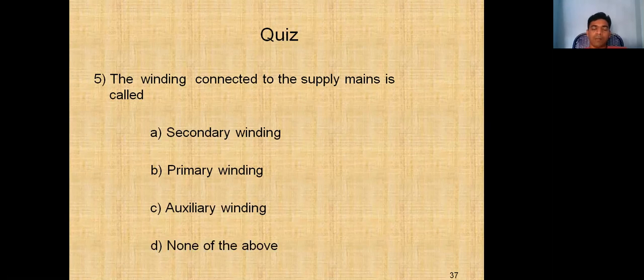Less number of turns winding is called step down and more number of turns winding is called step up. So when we give the supply to the winding, that is called primary winding. When we connect it to the load, it is called secondary winding. Supply means it is the primary winding.